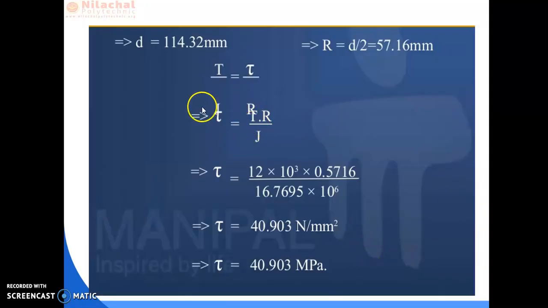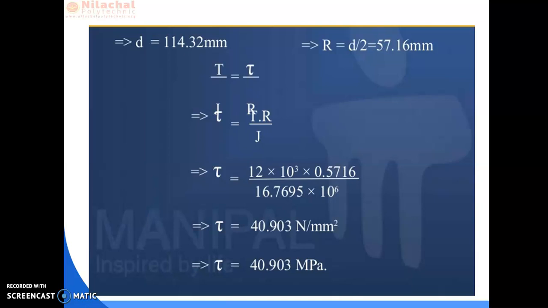So d is the 4th root of 32 into 16.7695 into 10 to the power 6 divided by pi. We get the diameter as 114.32 mm. If you are going to find out the radius, then R is equal to d by 2, that is 57.16 mm. This is your first expression. We can get the value of diameter or radius of the shaft.